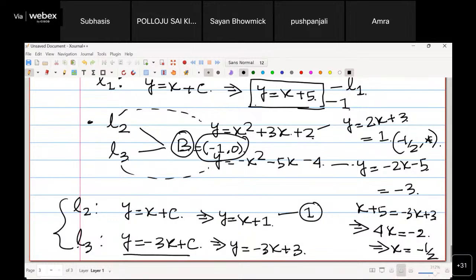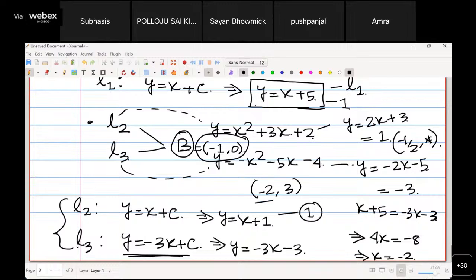C is actually minus 3. So 4x is equal to minus 8, and in that case x equals minus 2. If you put x equal to minus 2, you will get 3. So (-2, 3). In that case, option C is correct.